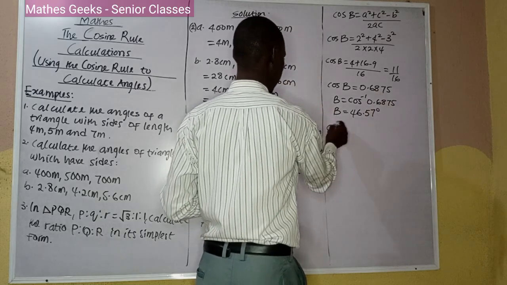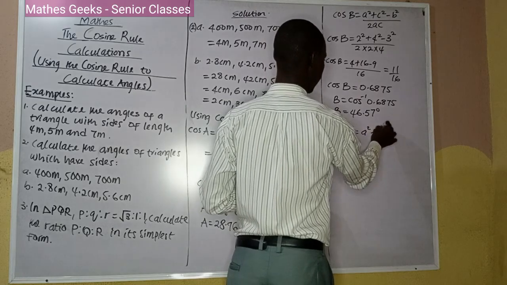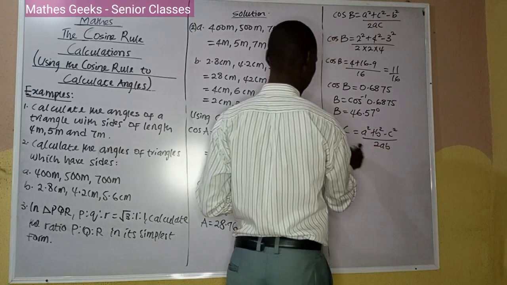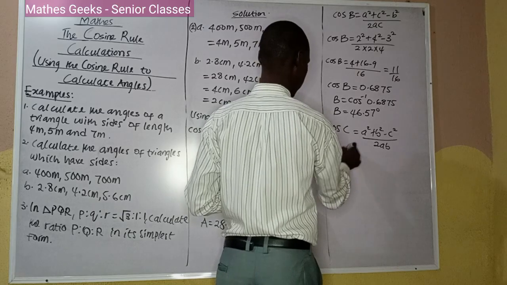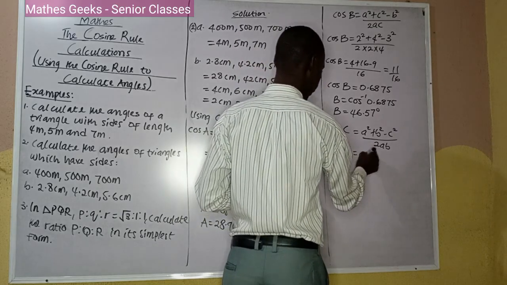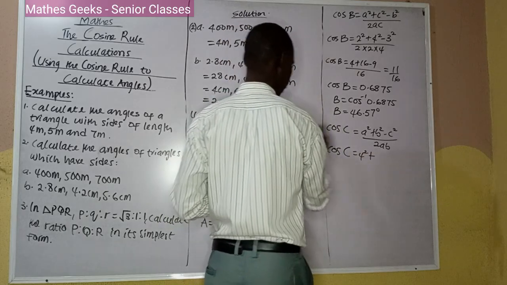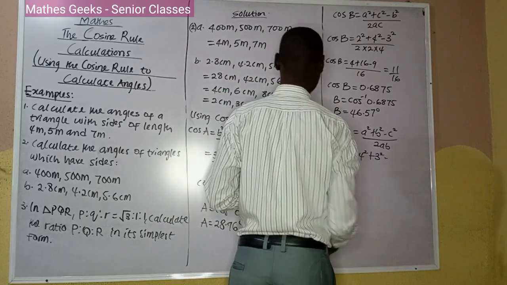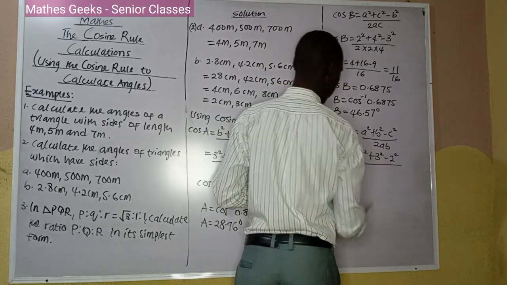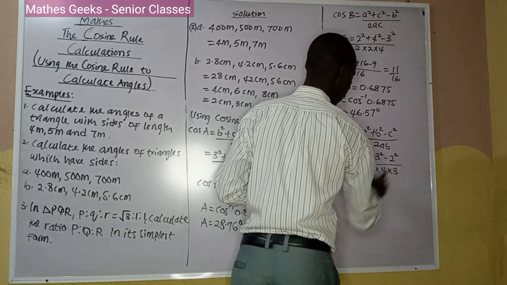We then have 46.57 degrees. Angle C: cos C is equal to A squared plus B squared minus C squared over 2AB. So cos C is equal to 4 squared plus 3 squared minus 2 squared all over 2 times 4 times 3.